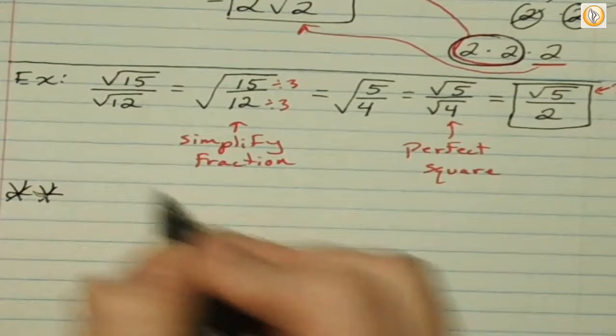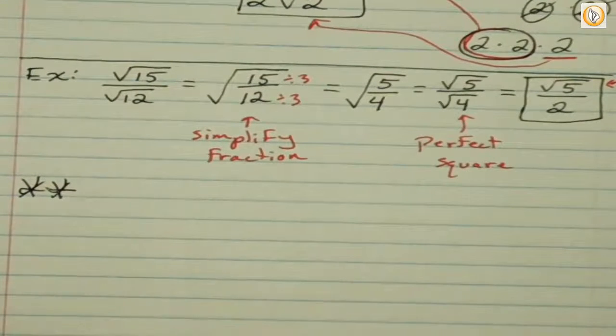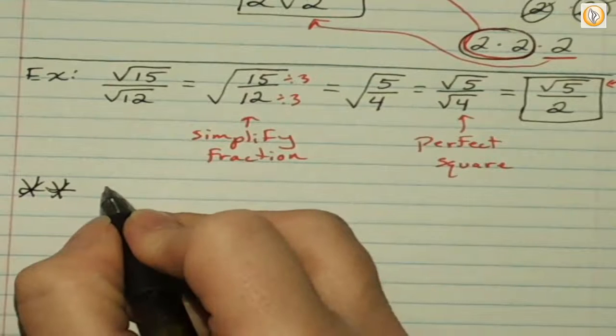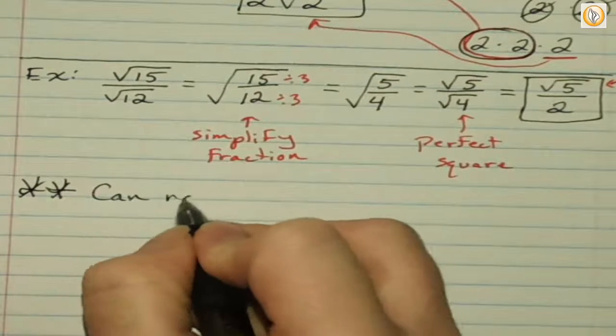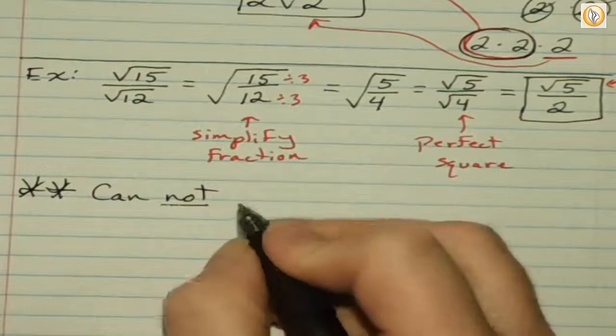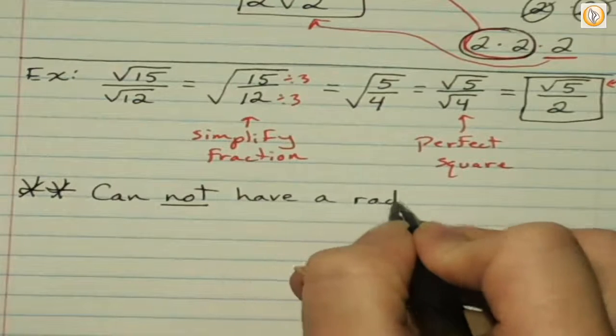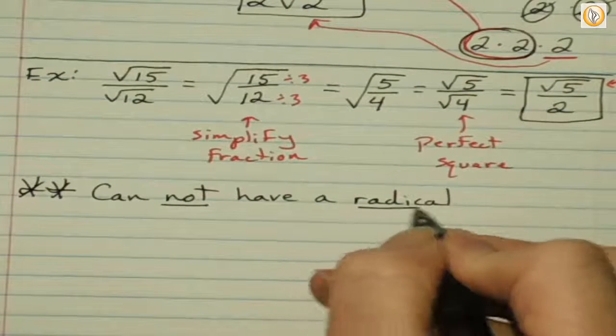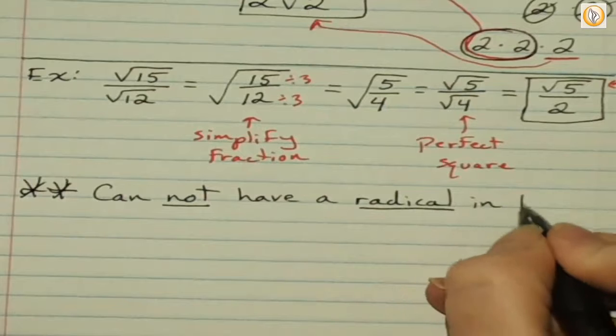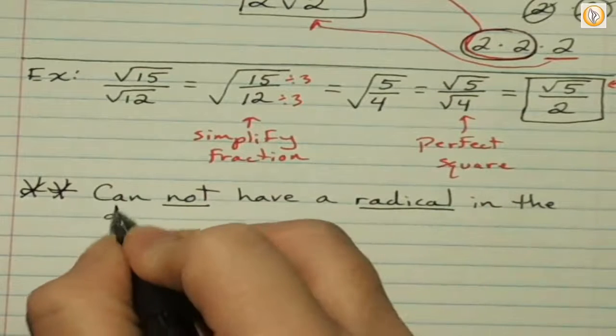Big rule right here, 2 stars. You cannot have a radical in the denominator.